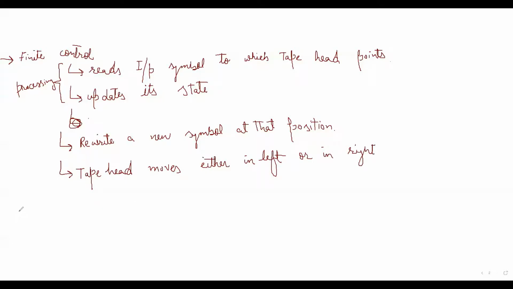So what is a transition of a Turing machine? Can anyone say? From above you can see how a Turing machine makes a transition. It has a current state, it reads an input, and after reading the input, it updates its state. So the new state is Q dash.